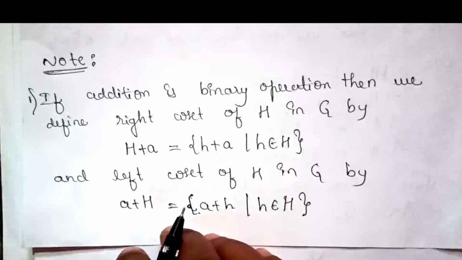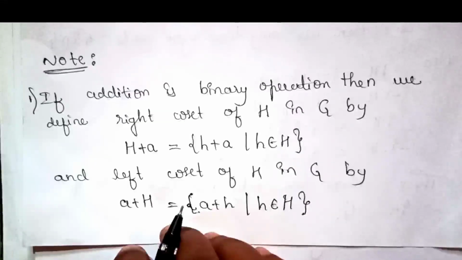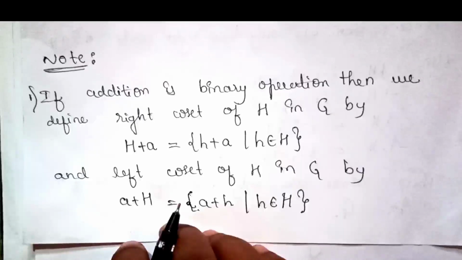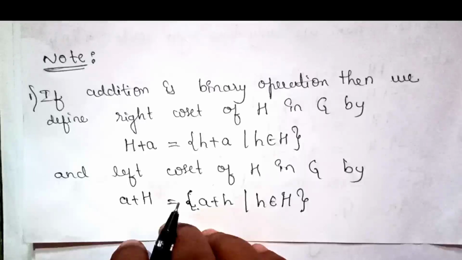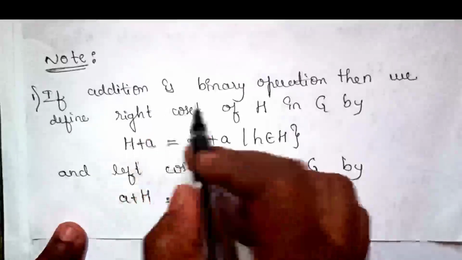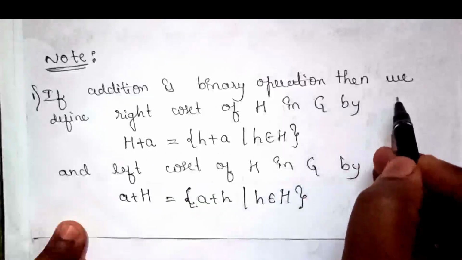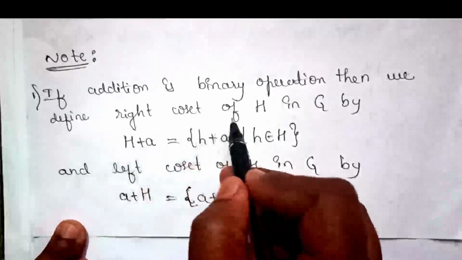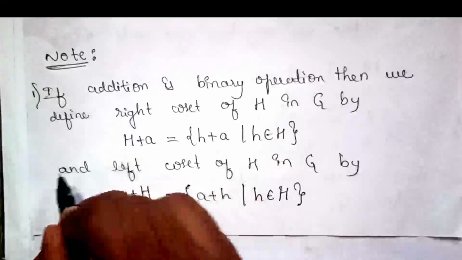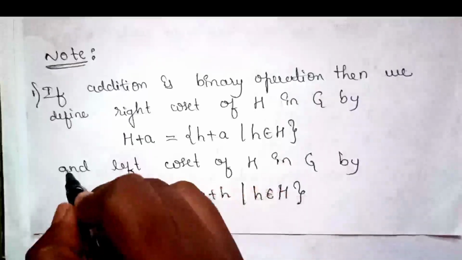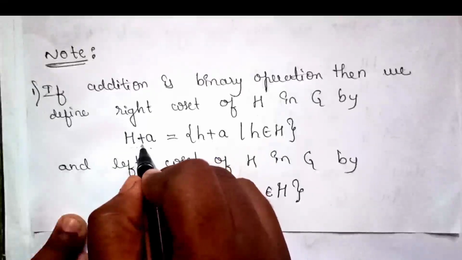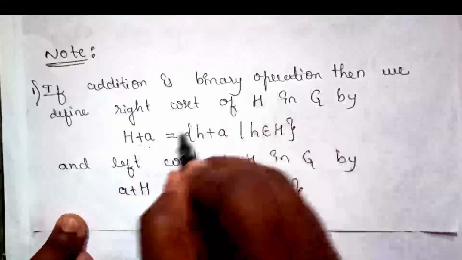So in the above definition, we saw that we are using multiplication as the binary operation. What happens if addition is the binary operation? See here, if addition is the binary operation, then we can define the right coset of H in G as H plus A. There we defined H dot A. Similarly here we have to use the operation plus, because the binary operation is addition.